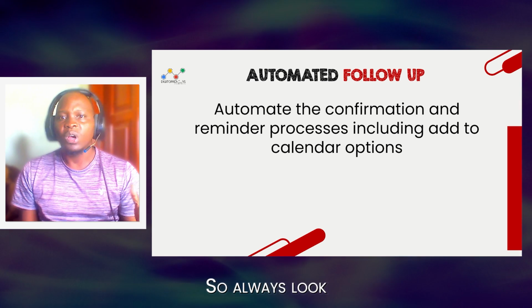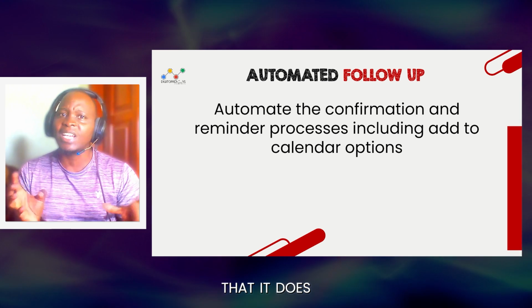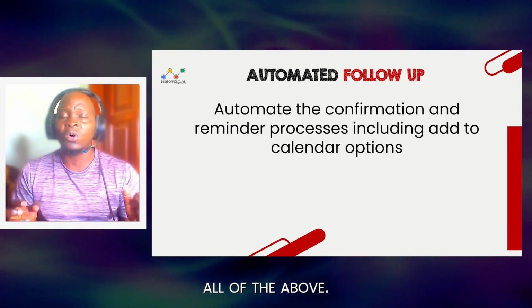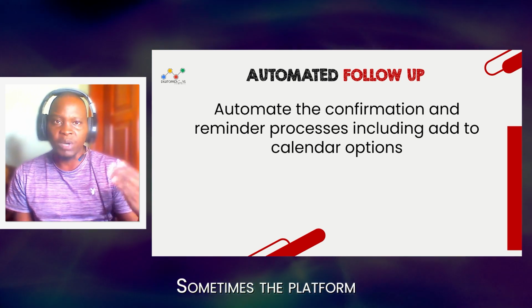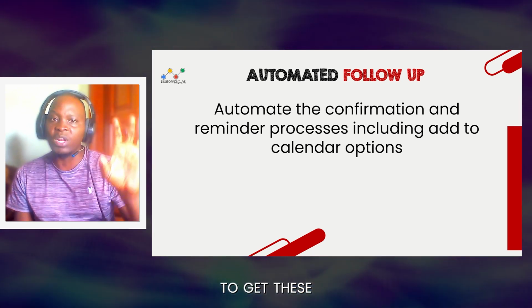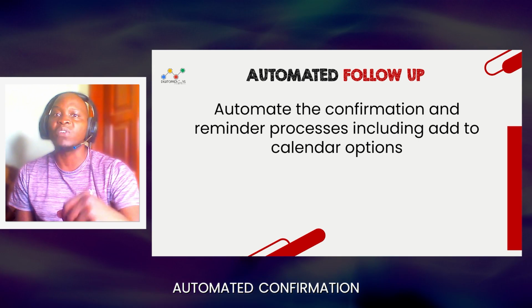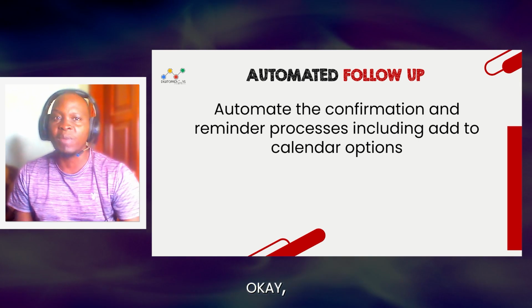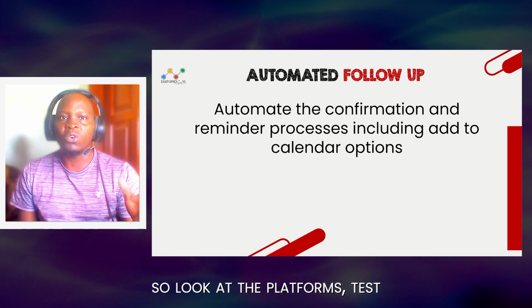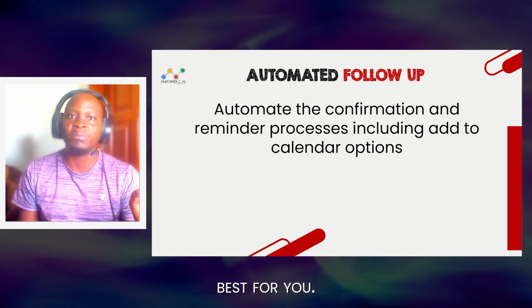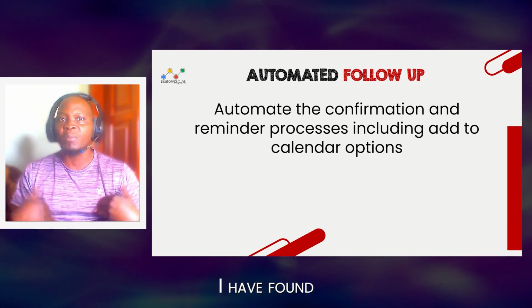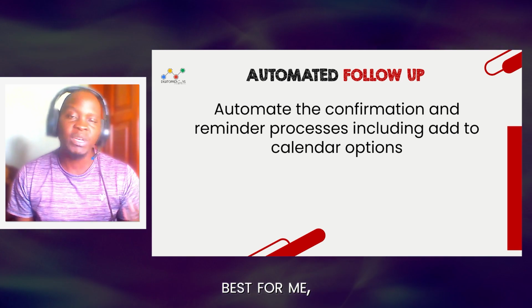So always look at the platforms and test and see that it does all the above. Sometimes the platform you choose requires you to upgrade in order to get these automated confirmations and reminders. So look at the platform, test and see what works best for you. I have found, for my case, that Calendly works best for me.